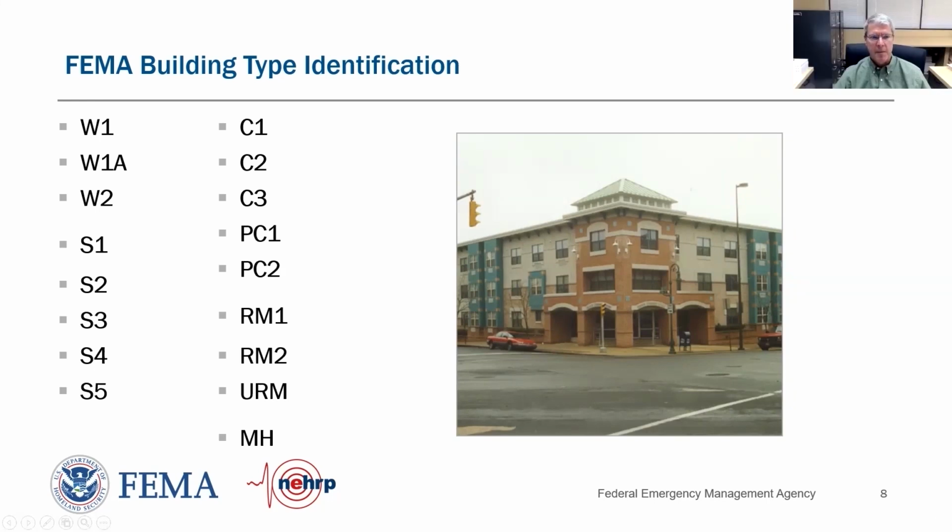Right. So probably not wood. Yeah. I agree. So I think all of wood comes out. So we just eliminated 3. So with those choices, I think I got them right. So W1, W1A, W2, S3, S5, C3, PC1, PC2, URM and MH. We can screen out, you know, nearly half of them right there.